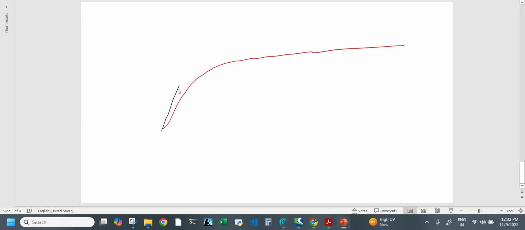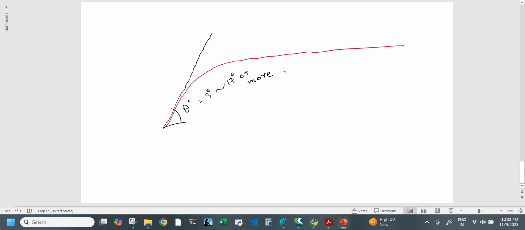Suppose this is the slope, this is the flat area, this is theta, and theta may vary from 3 to 17 degree or more.